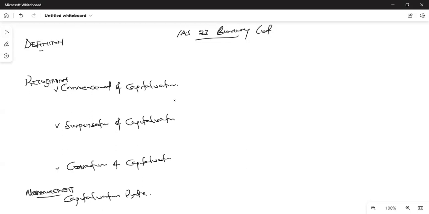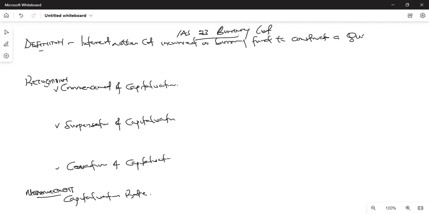Essentially, what the standard defines as borrowing cost is the cost of loan, or herein, let's say interest and other costs incurred in borrowing funds to construct a qualifying asset.